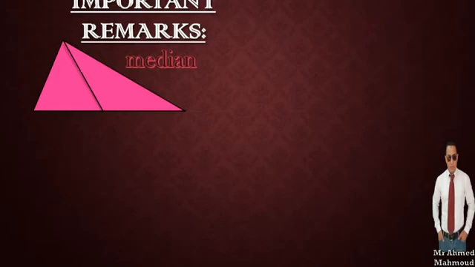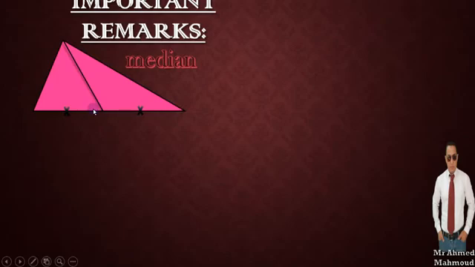What is the median of the triangle? The median of the triangle is a line segment connecting the vertex and the opposite midpoint. So if he gave me a median, then the median is a line connecting the vertex and the midpoint, so we use the midpoint.